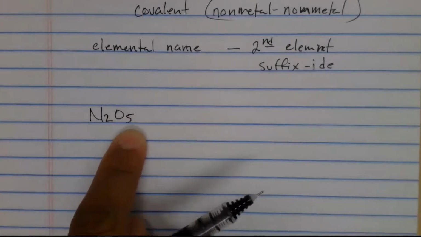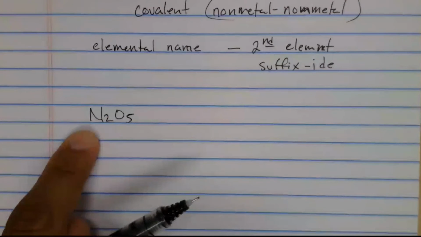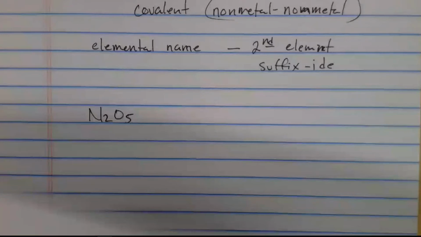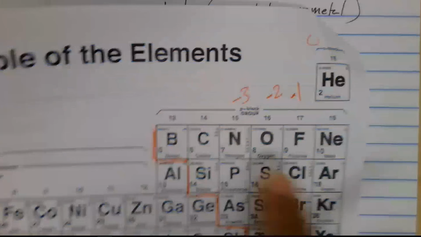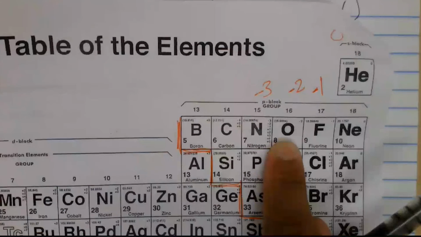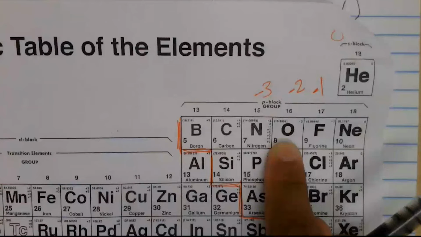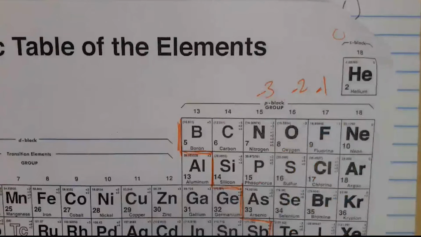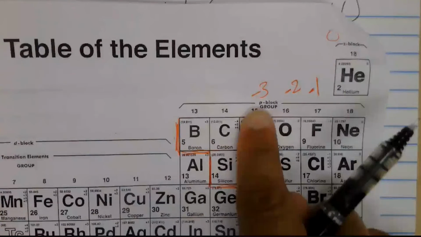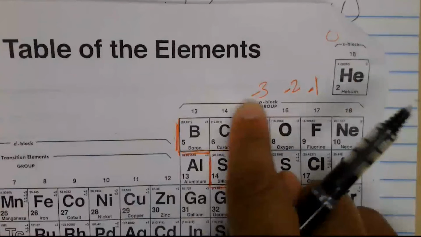To write a chemical formula, you're going to write the elemental symbol. So you see N represents the element nitrogen. O represents the element oxygen. Both of these elements are nonmetals, and so we're going to use the nonmetal rules. So when you identify that, there's no charges. Don't worry about charges.